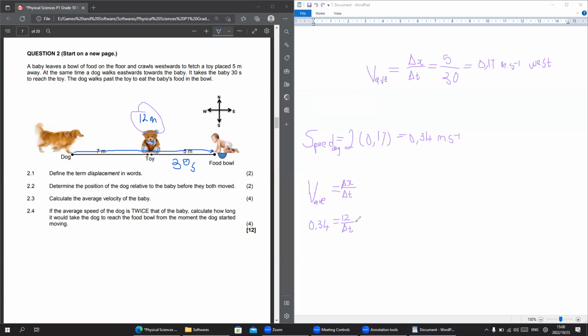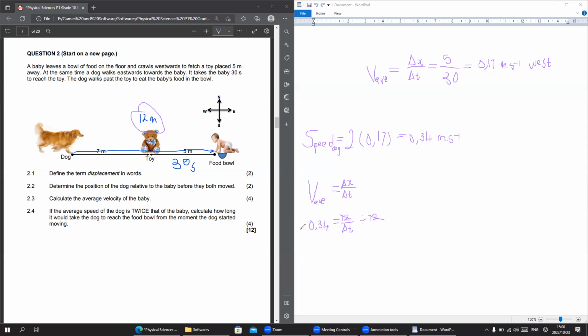So what you can do is either divide both sides by 12, or some of you might prefer to cross multiply first, and you're still going to end up dividing both sides by 12. So if you divide by 12, this is going to cancel that.